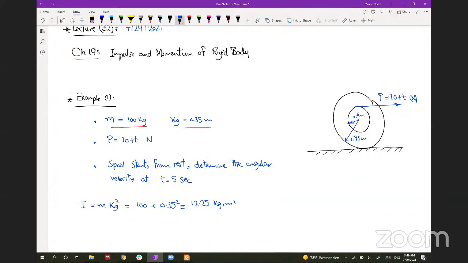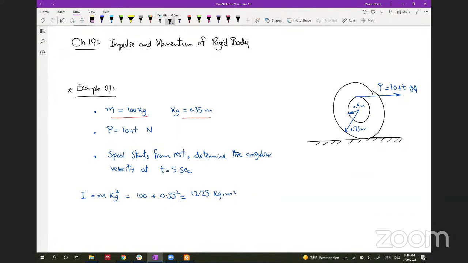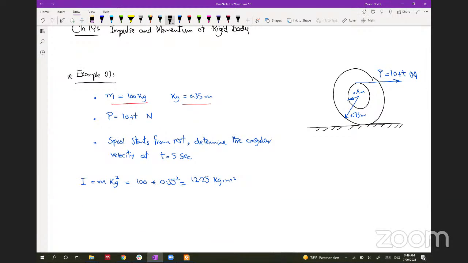The second, to solve any impulse momentum equation, you will have to draw a free body diagram and a kinetic diagram. So let's make it here. We know that the free body diagram would put all the forces on the body. So let's see what forces we have here. All right, so assume that this is the ground.